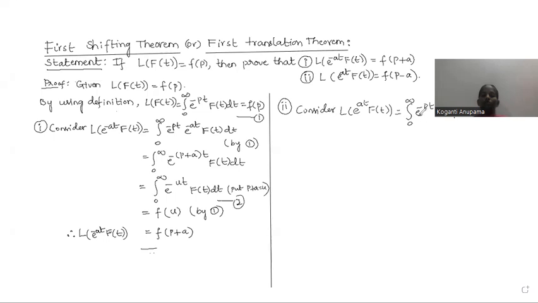Now, here also, inside the integral, e power minus pt and e power at are both in multiplication and the bases are equal, so we can add their powers. Then it becomes the integral from 0 to infinity of e power minus pt plus at. Let us take minus t common, then it becomes p minus a times t. f of t dt remains the same.